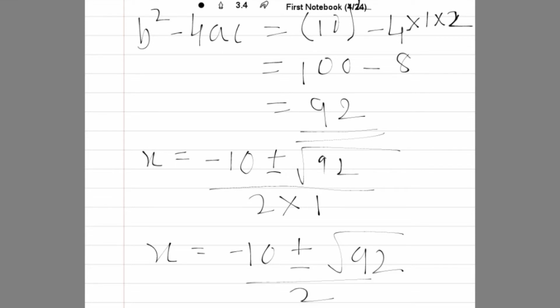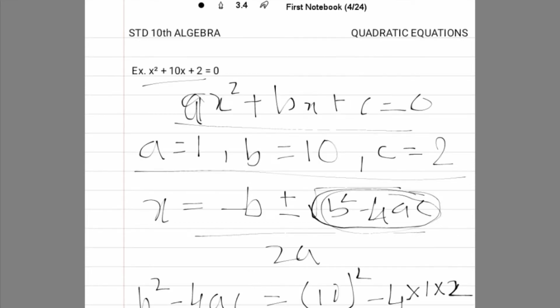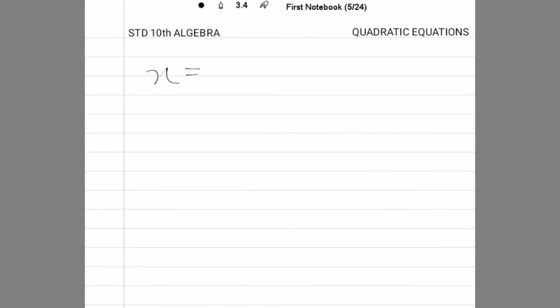Now can we factorize this and get it in the form of surds? Yes, we can do that. We will just factorize it, and what we will get is x is equal to minus 10 plus minus root of 4 into 23.